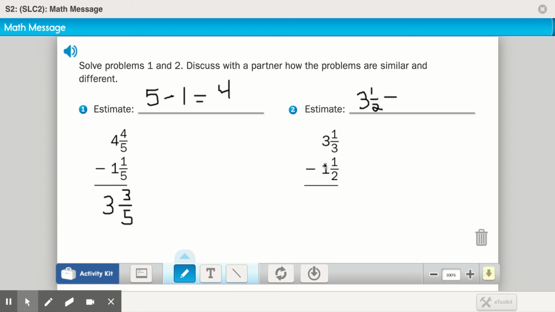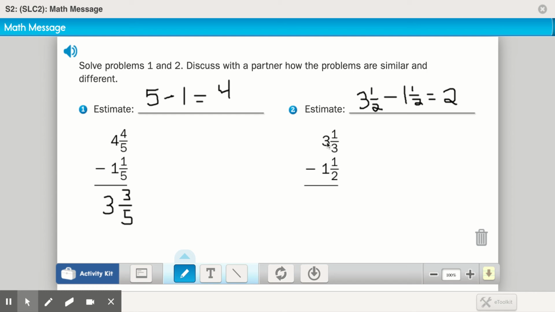Or is that already a benchmark fraction? 1 and 1/2. I don't need to change it. It's already a benchmark. So a half minus a half is nothing, and 3 minus 1 is 2. So my estimate is 2.